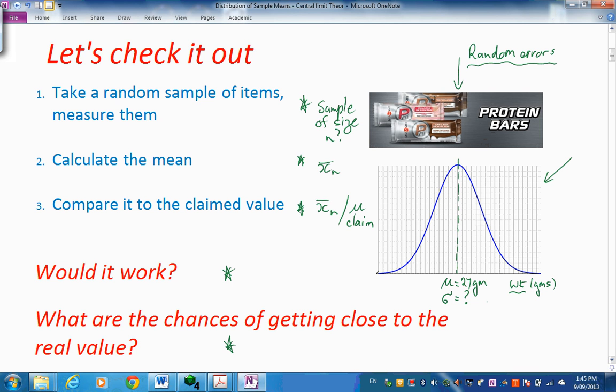I think there's a clue in this diagram here, where we can see the weights of the bars are probably going to be normally distributed around a central mean with a standard deviation. Okay, think about it, maybe pause the presentation and have a discussion about that. Okay, let's go down and see if we can analyse it now.